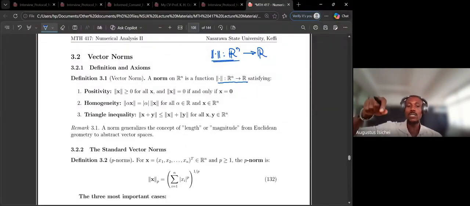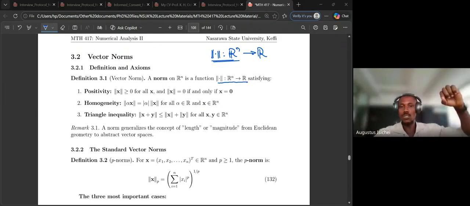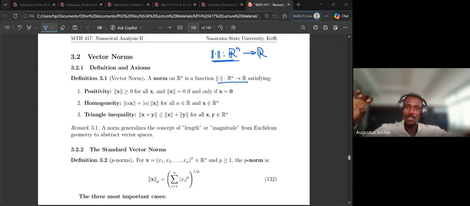It is a function that maps vectors from Rn into the real number line, into R. Whenever you compute the norm of any vector in a vector space, the result is always a real number.